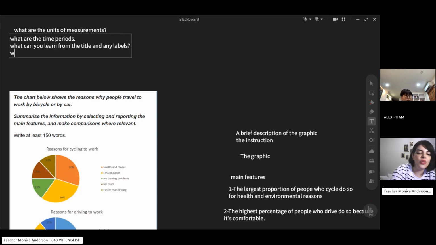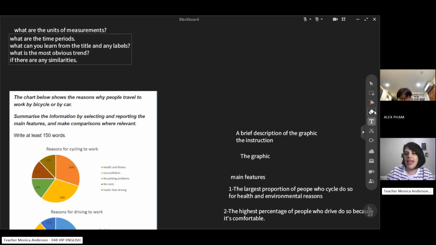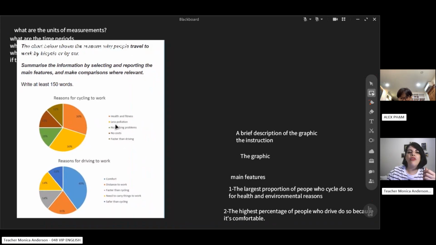And the next one: what is the most obvious trend, the largest proportion, and if there are any similarities? As you can see, we need to mention all this if there are any similarities, so here we have similarities. Okay, now we have our main trends.